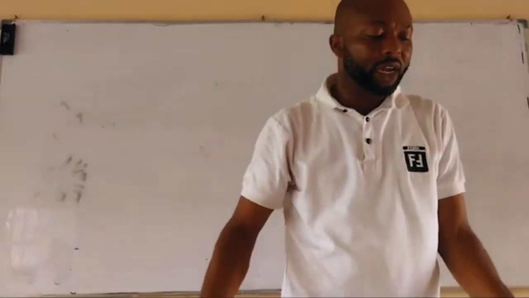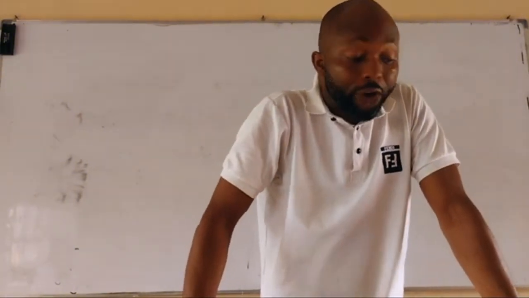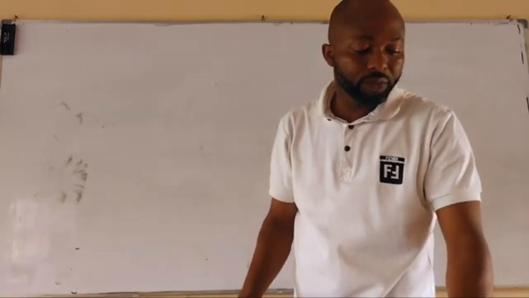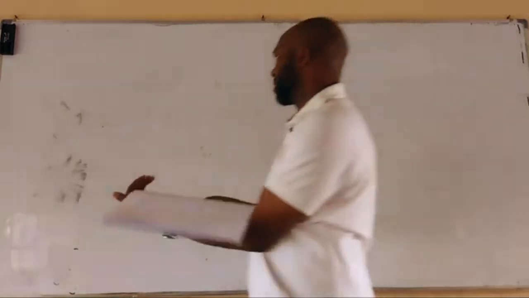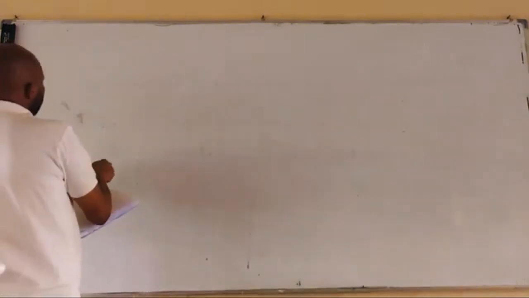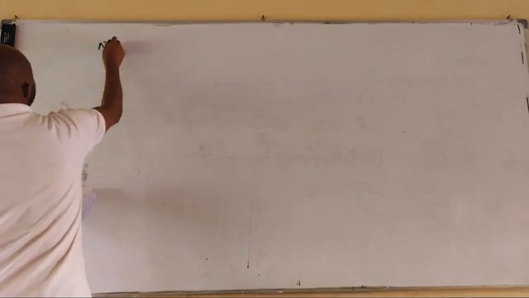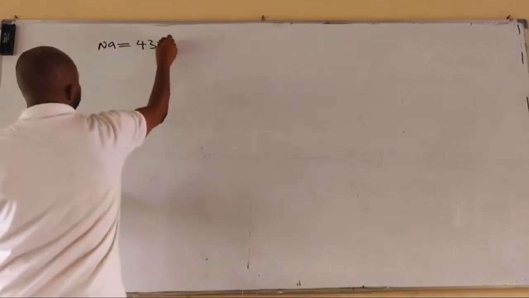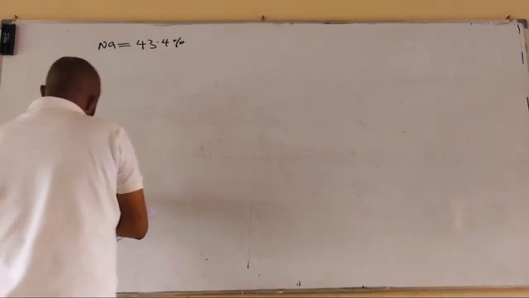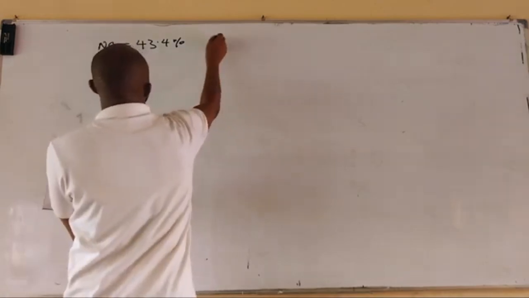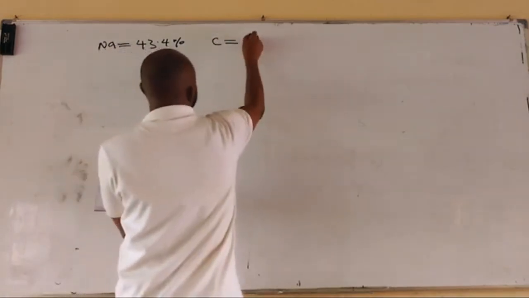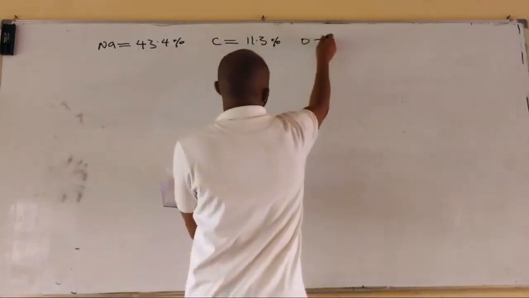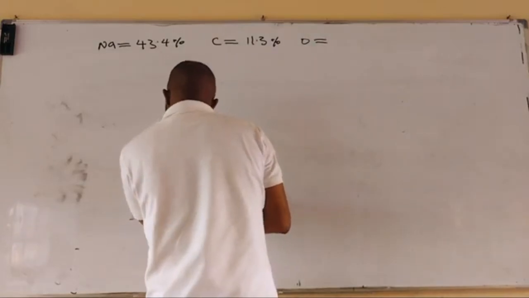So let's take this. It says calculate the empirical formula of a compound containing 43.4% sodium, carbon is 11.3%, and oxygen is 45.3%.